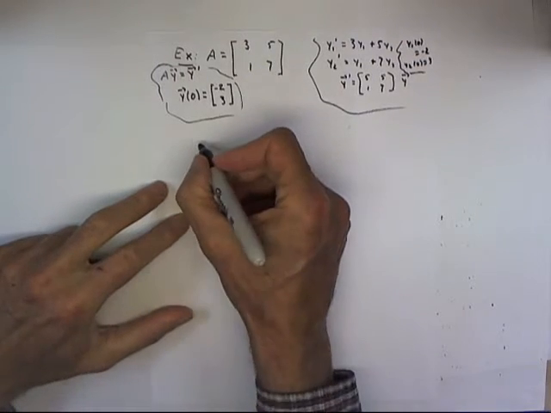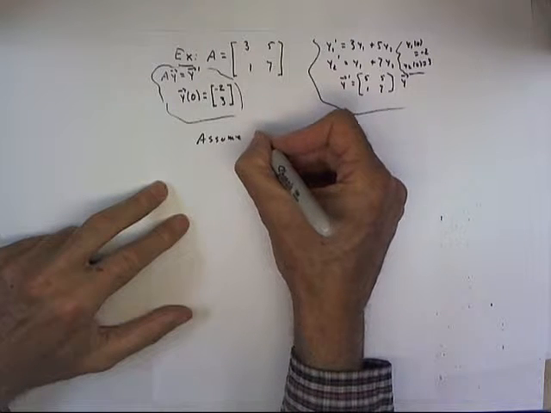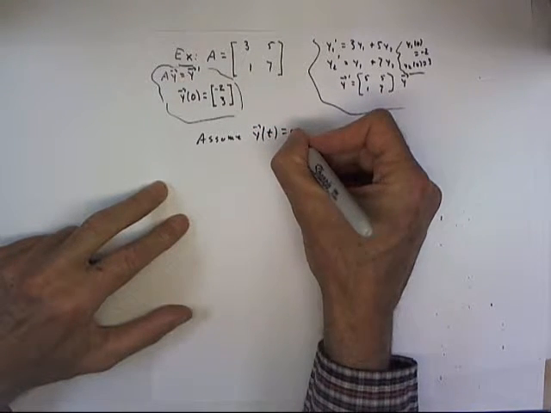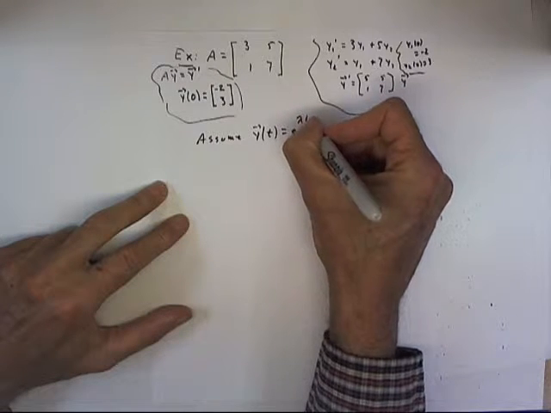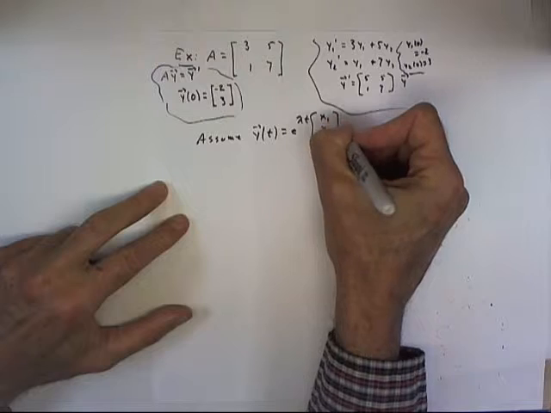We start with our assumption that y of t is of the form e to the lambda t times x1, x2.